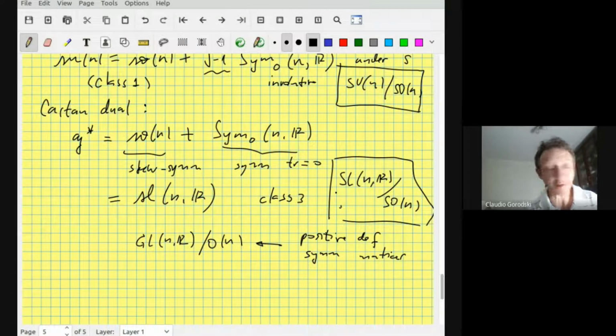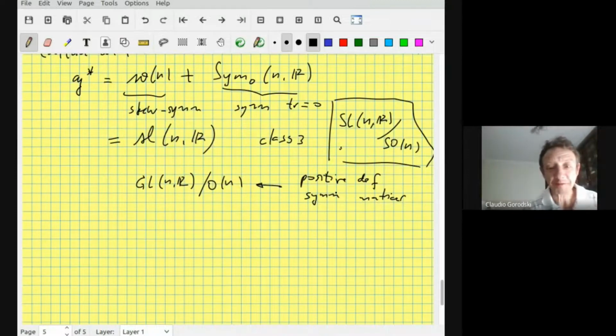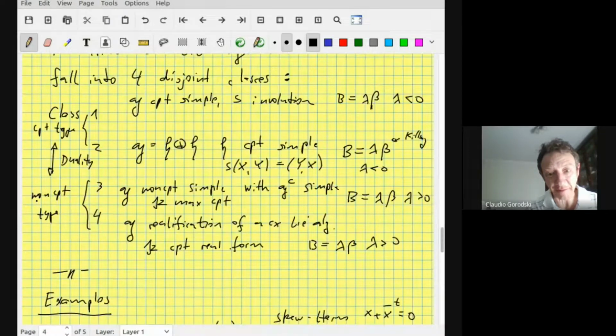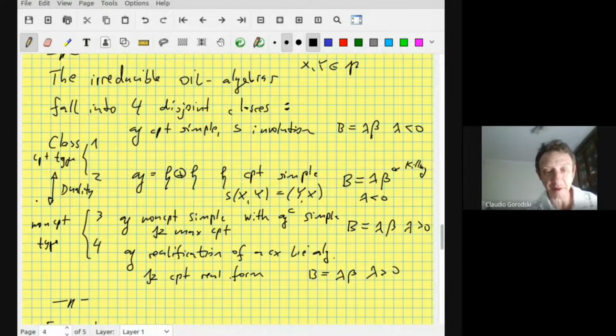Right. Using Cartan duality, it suffices to classify.